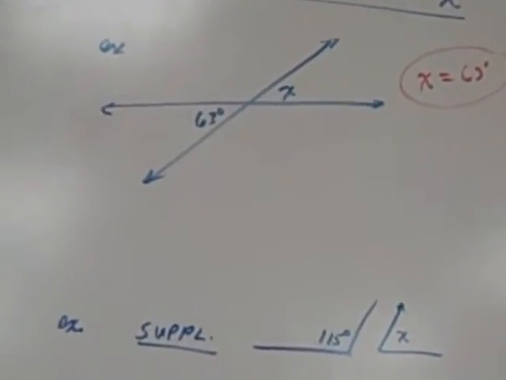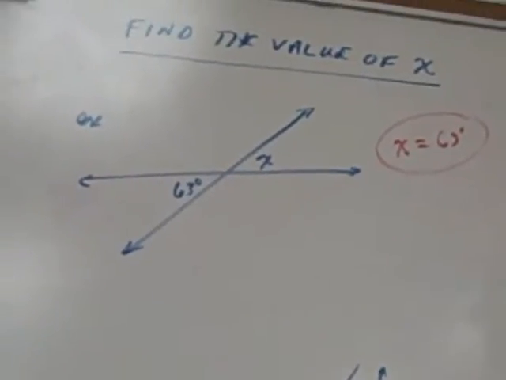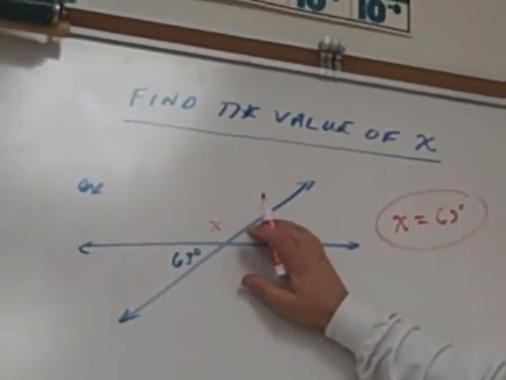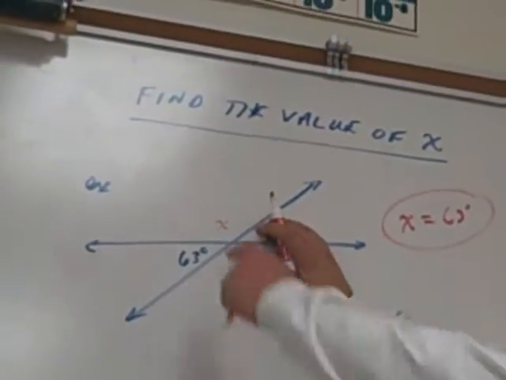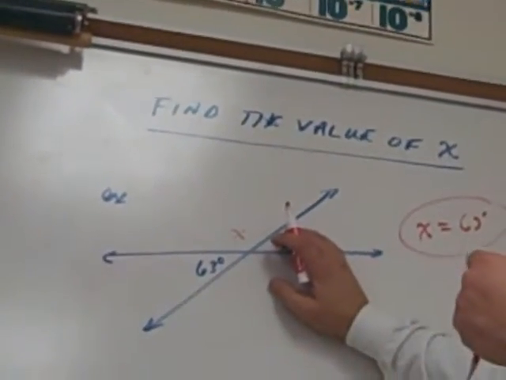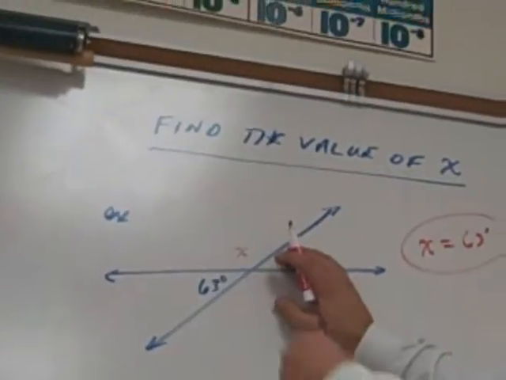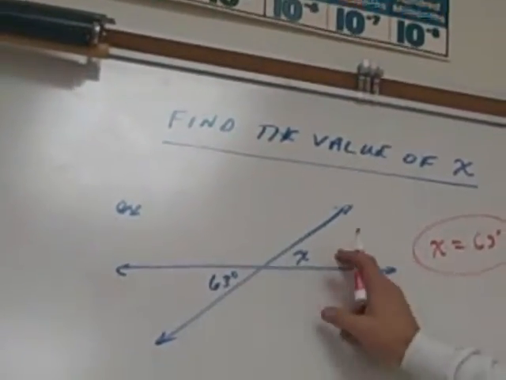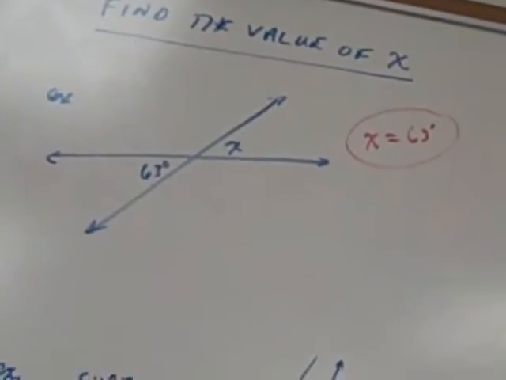Verticals are equal. Notice it's not right next door to it. If it was right next door, it would be supplementary because of a straight angle, right? But it's opposite, so we go vertical.